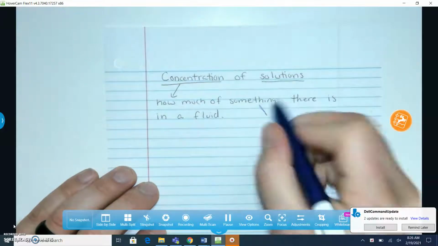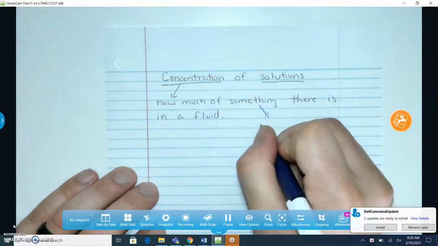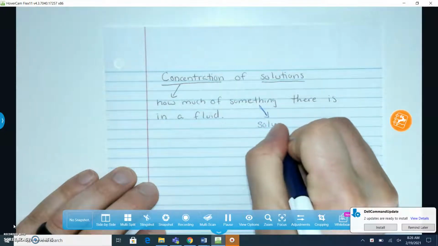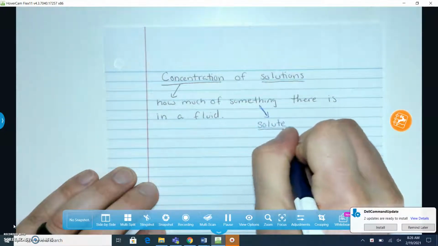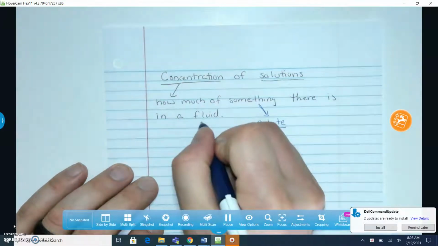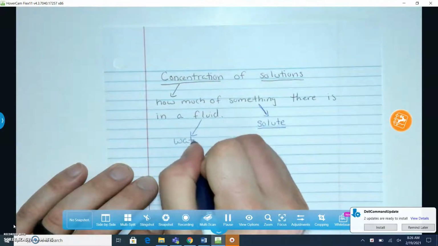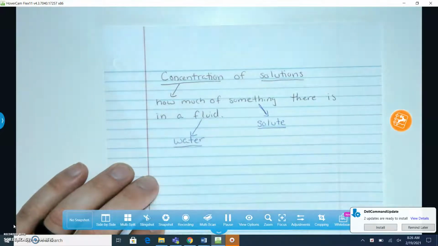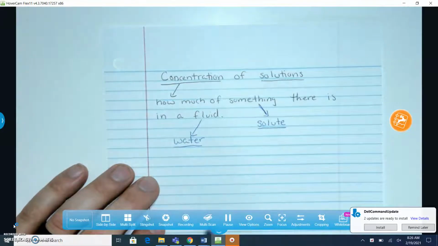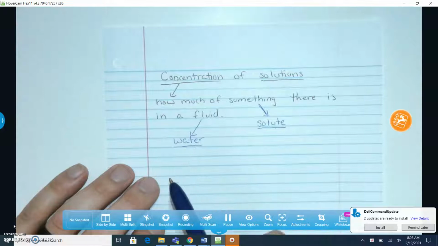Something would be known as a thing called a solute. And generally, the fluid will more often than not be water. So how much of a solute there is in water?